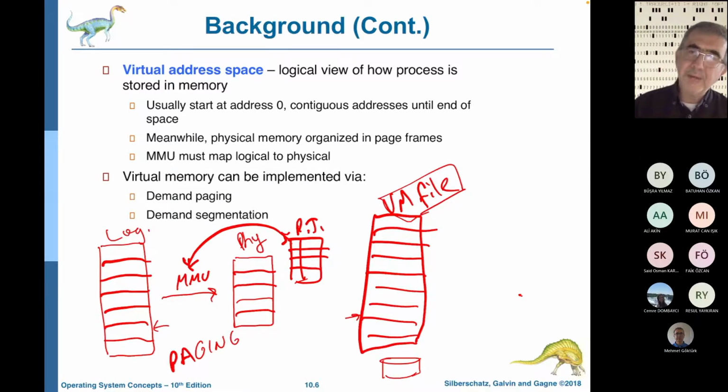For example, when you have 8 gigabytes of physical memory, you may have 16 gigabytes of virtual memory file, or 64 gigabytes on your hard drive.